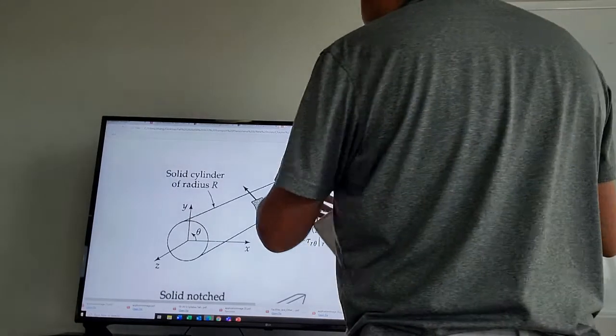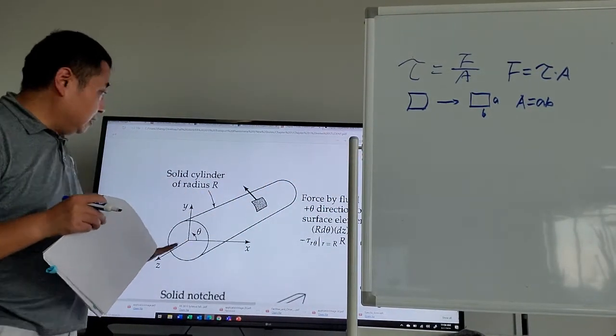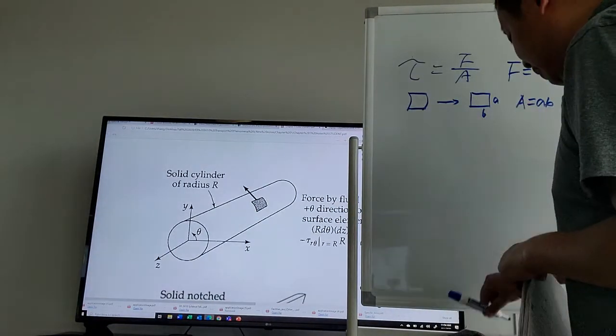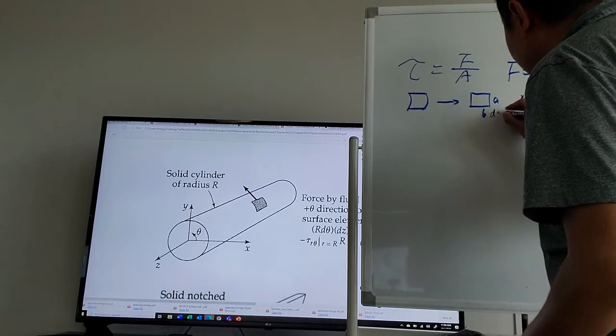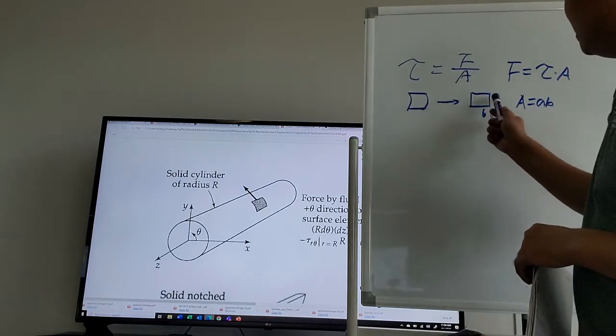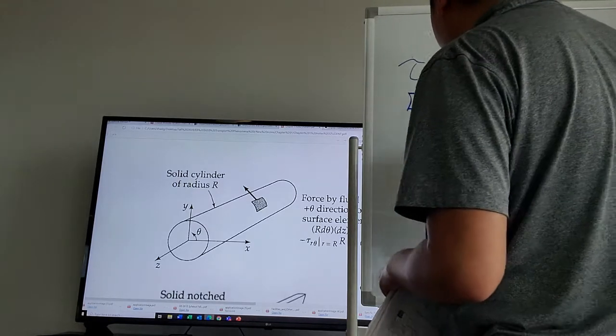So we know for this case, this length is in the z direction, right? We know for this small element, B here is dz. Then what about the length A here, the arc?